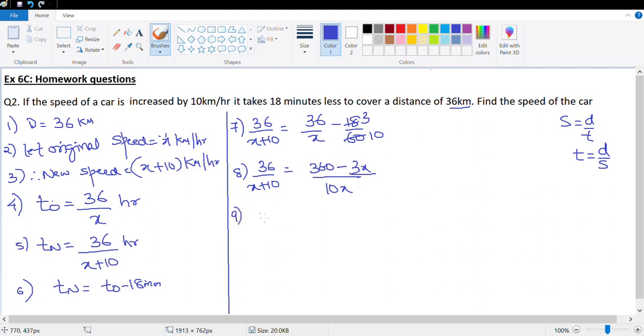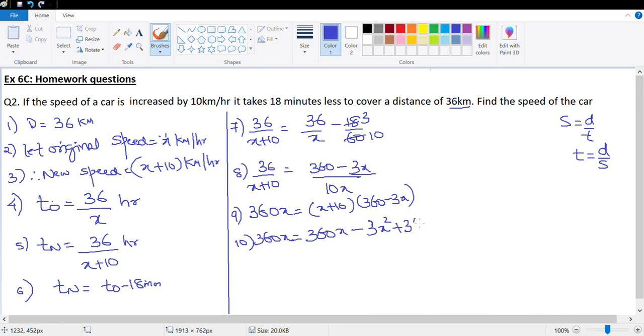Let's cross multiply. So this is 36 into 10x, that 360x is equal to x plus 10 multiplied with 360 minus 3x. Okay, this is 360x is equal to x into 360, that's 360x, minus 3x into x, that's negative 3x square, plus 10 into 360, that's 3600, plus 10 into negative 3, that's negative 30x.